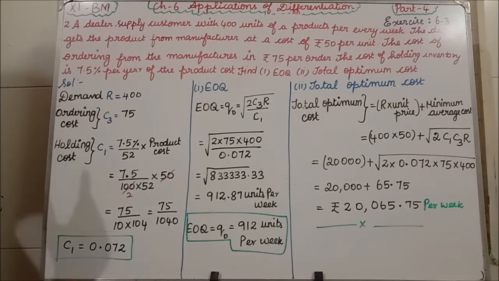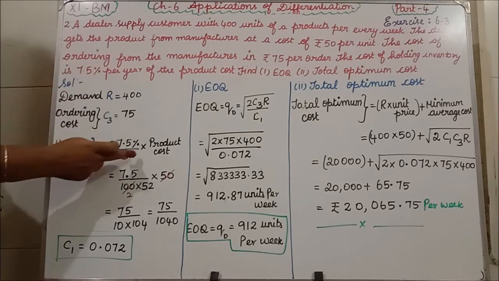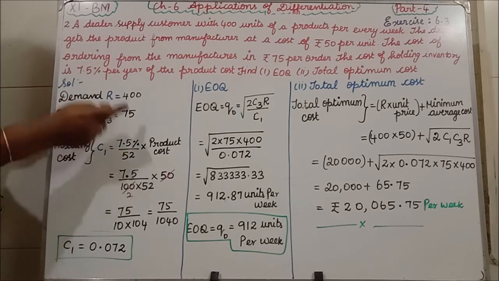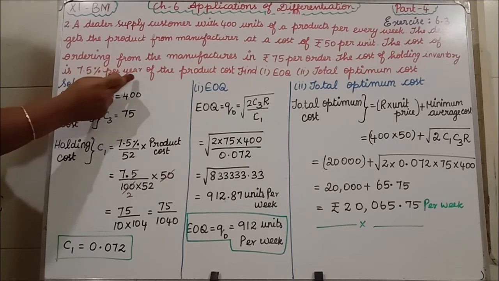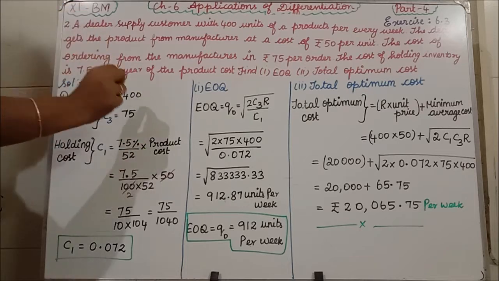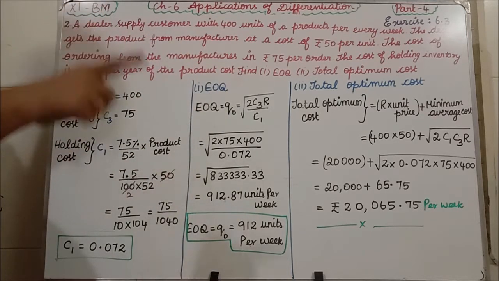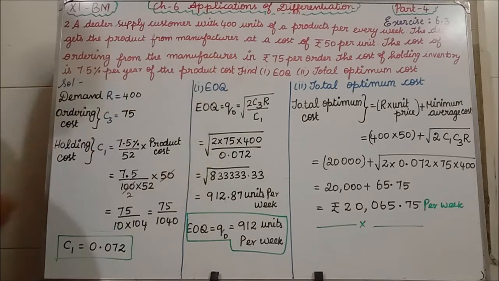So per year, how many weeks are we having? 52. So what I am going to do is 7.5 percentage divided by 52, because per year is given. To convert into week, dividing by 52, times the product cost. What is the product cost?